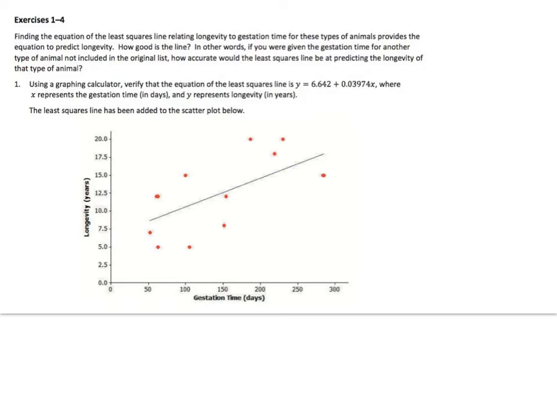So use a graphing calculator, verify that the equation of the least squares line is as given. It would be a great exercise for you to go ahead and do that. On the first slide, the gestation time would be your X value, so you want to put that into list 1.